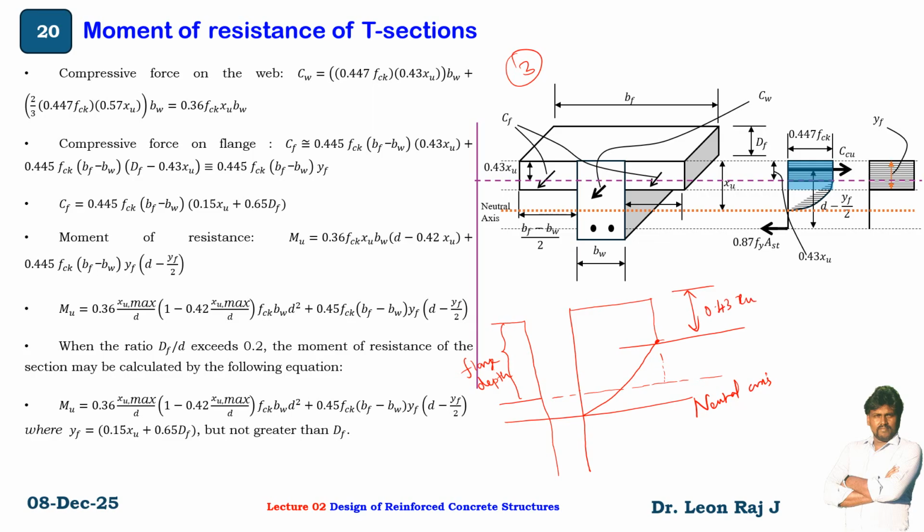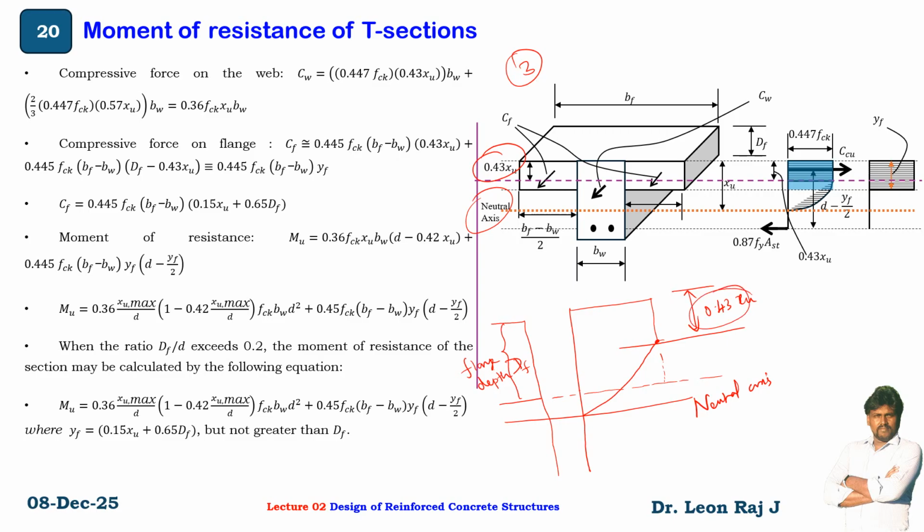Of course, your depth of the flange, Df, is greater than 0.43 Xu. So this is the neutral axis and this is 0.43 Xu. So Df is greater than 0.43 Xu.